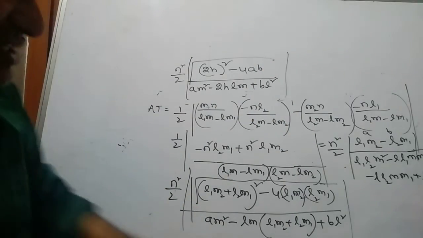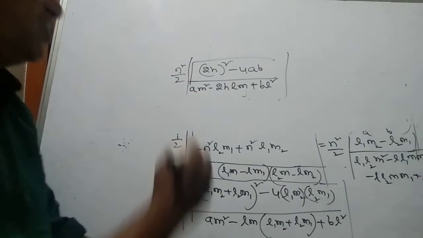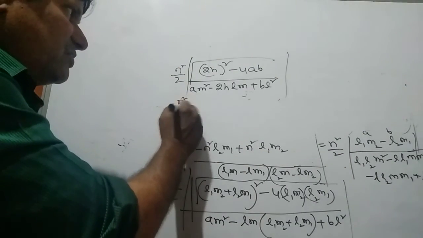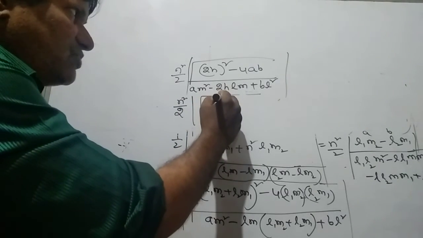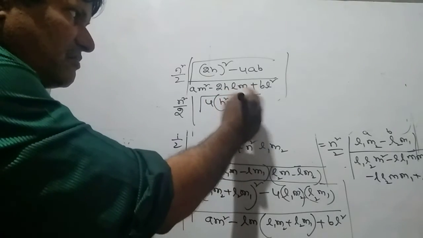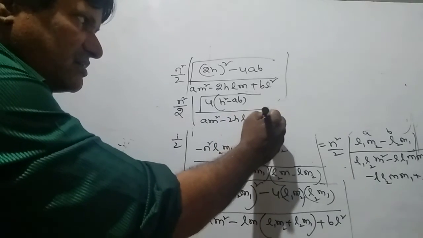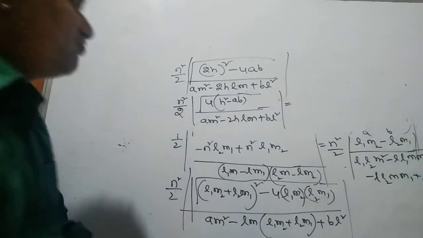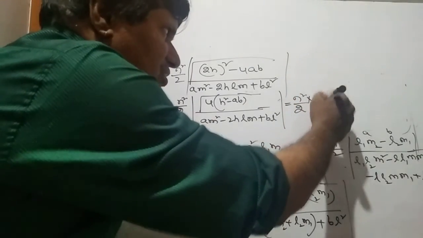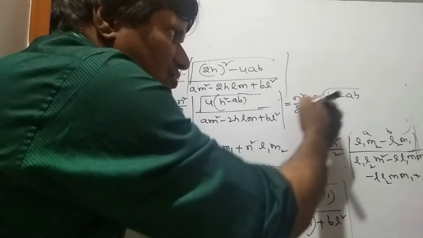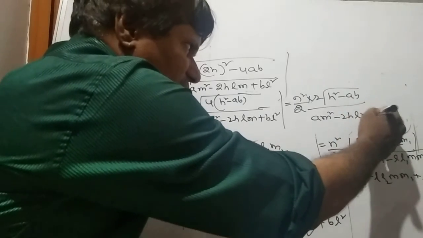So 4H square minus 4AB. We can take 4 common: n square by 2 into mod root of 4 times H square minus AB, by AM square minus 2HLM plus BL square. Taking 4 outside, we get 2. N square by 2 into 2 root H square minus AB, the 2 cancels, by AM square minus 2HLM plus BL square.